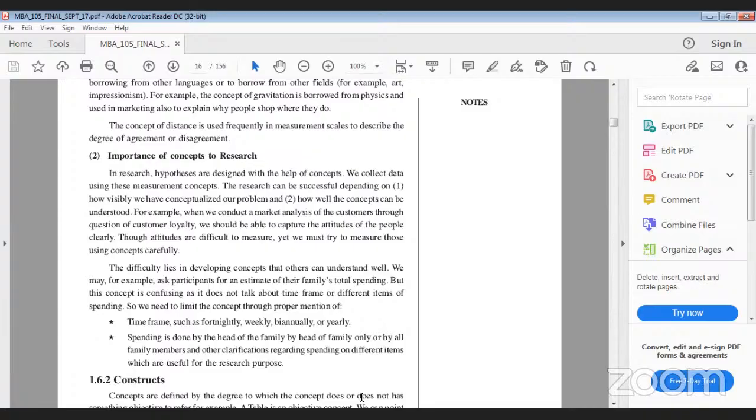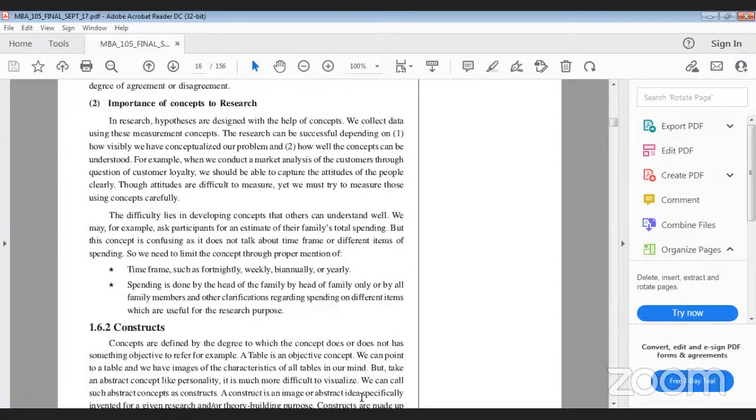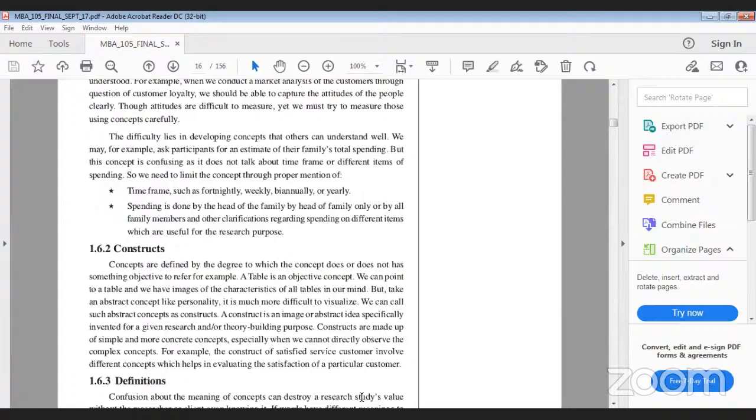First is the time frame, such as fortnightly, weekly, or yearly. Second, whether spending is done by the head of the family only or by all family members, and other classifications regarding spending on different items which are useful for the research purpose.